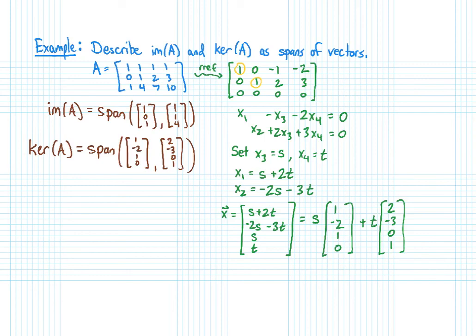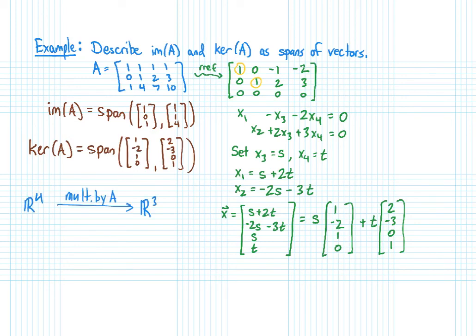One thing that's worth noting here is that the vectors that are in the image have different dimension than the vectors that are in the kernel. And that's important, because there's a sense in which they live in different places. Even when A is a square matrix and they actually do have the same dimension, you really should think of them as living in different places.